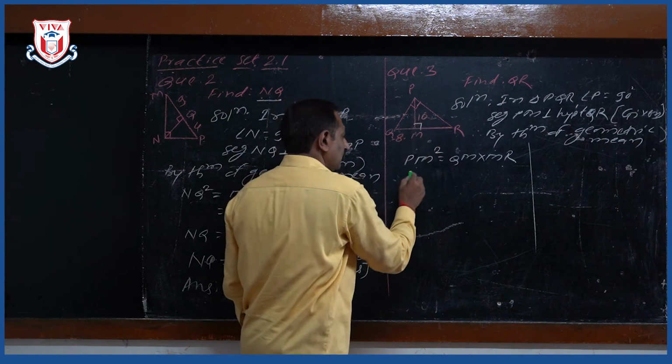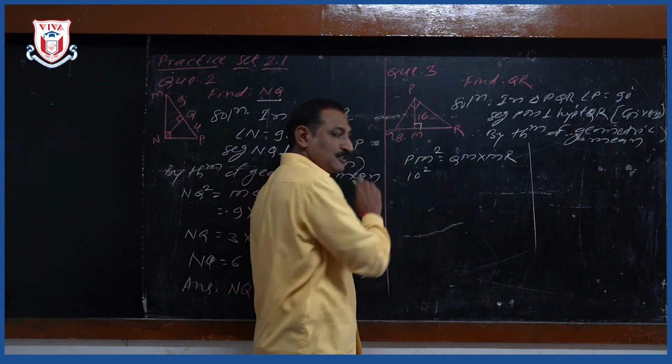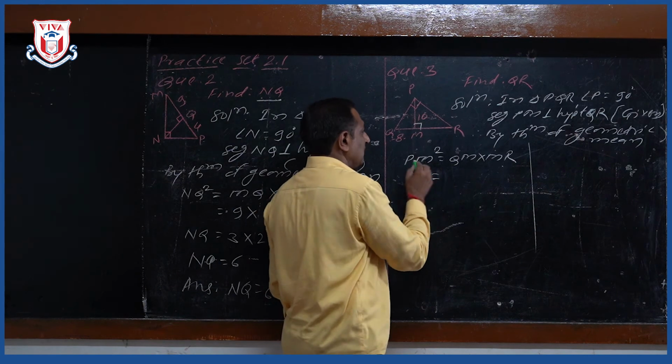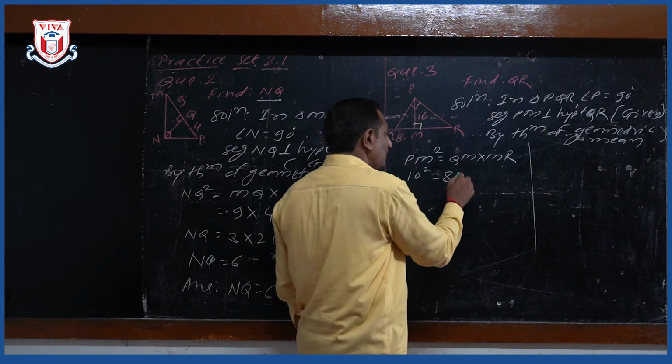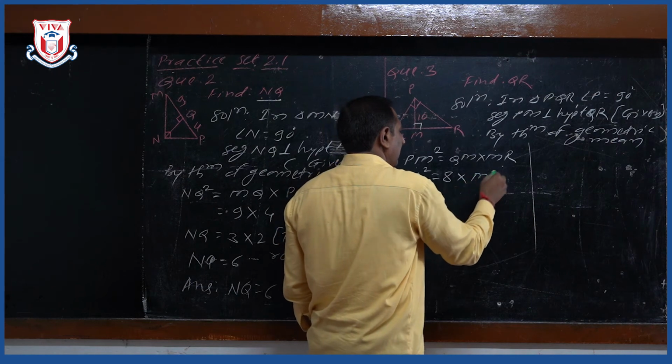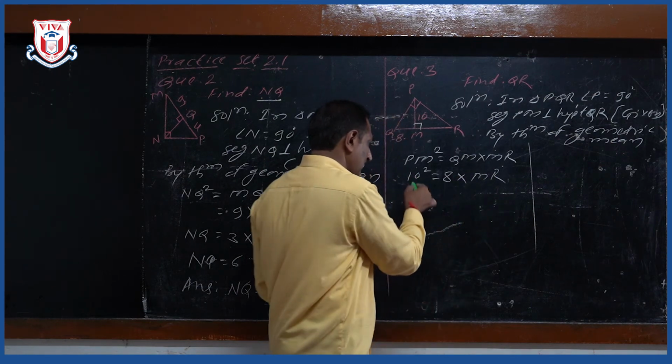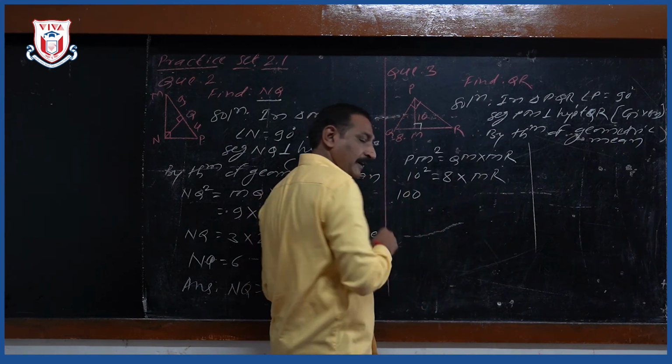PM is 10, its square, hence you write 10 square. This is equal to QM is 8, I write here 8, into MR.